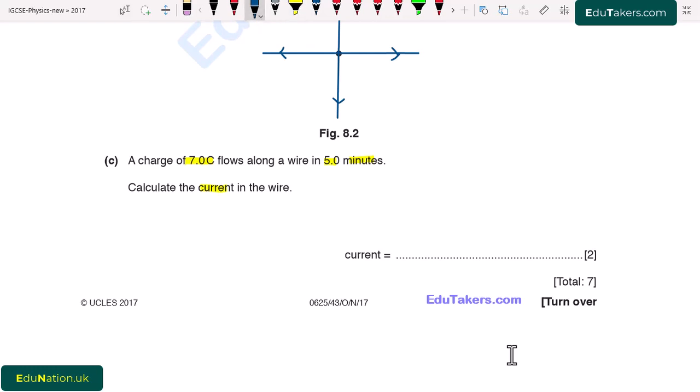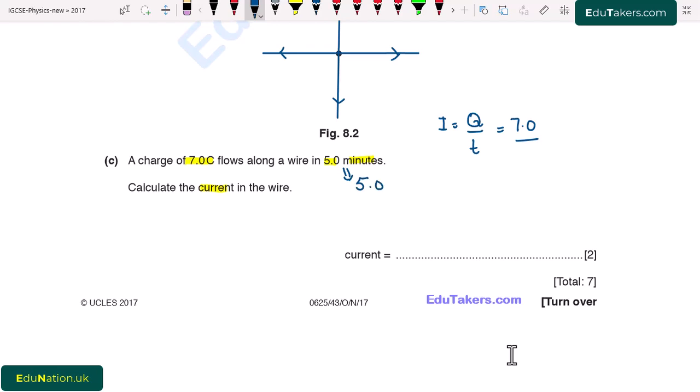So using the definition of current, that current is the flow of charges, I simply write here current I is equal to rate of flow of charge, Q over T. So charge is given, that is 7.0 coulomb, and time is 5.0 minutes. So first of all, we have to convert minutes into seconds.